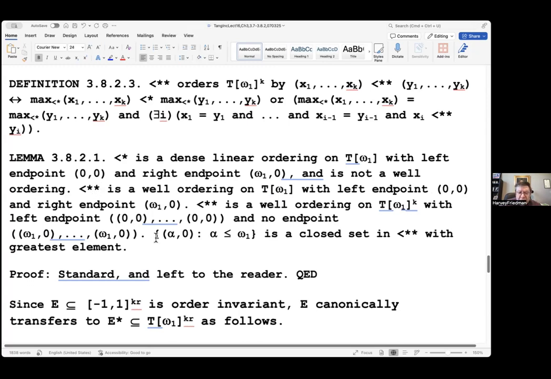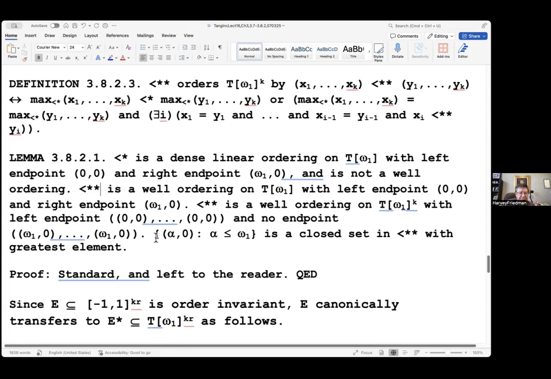It is a well ordering with left endpoint 0,0 and right endpoint -omega 1,0 as before. Less than double star is a well ordering on T omega 1 to the K with left endpoint 0,0 through 0,0, K copies, and no endpoint.